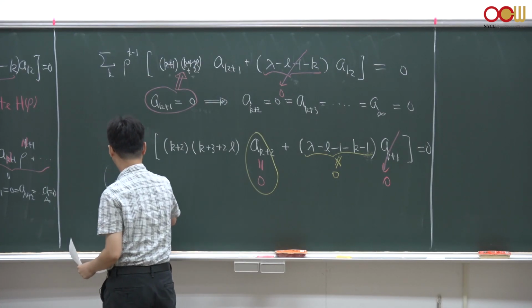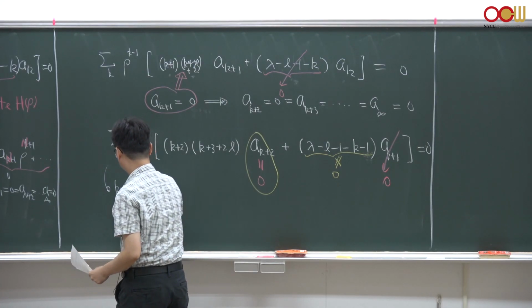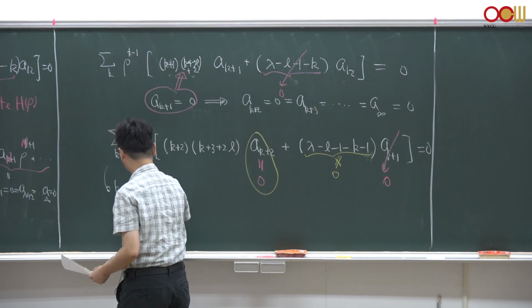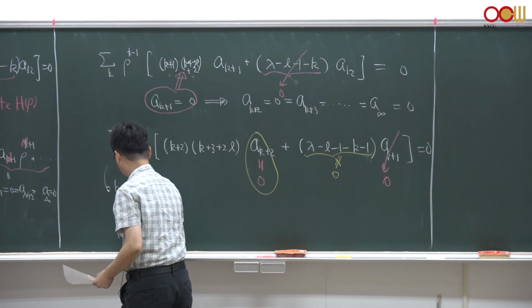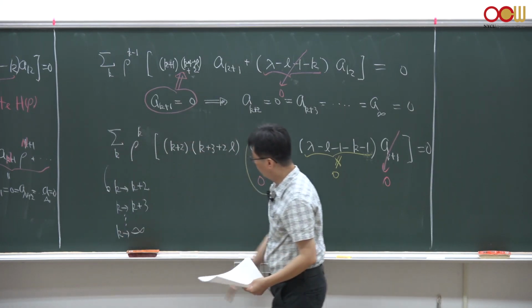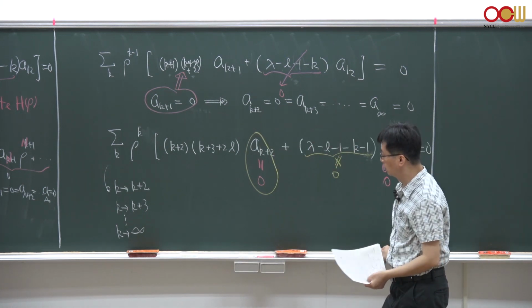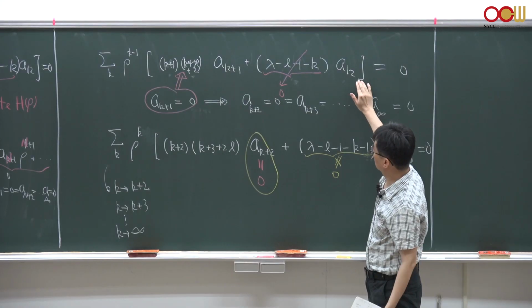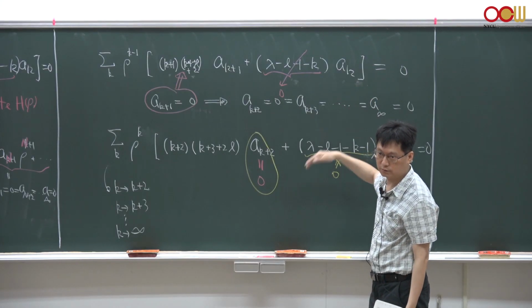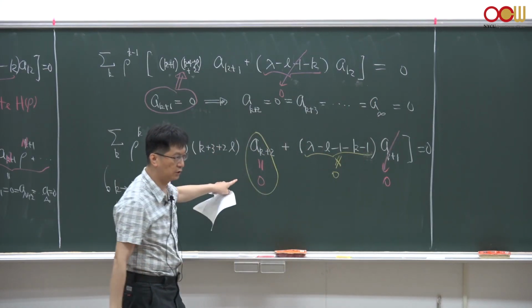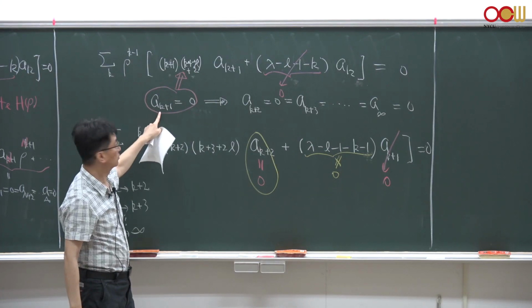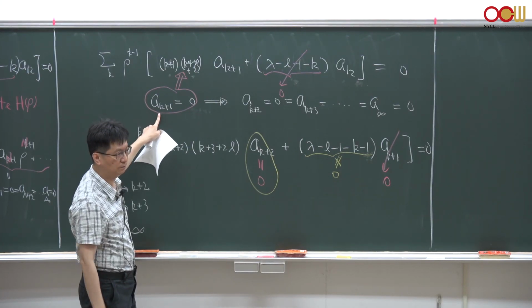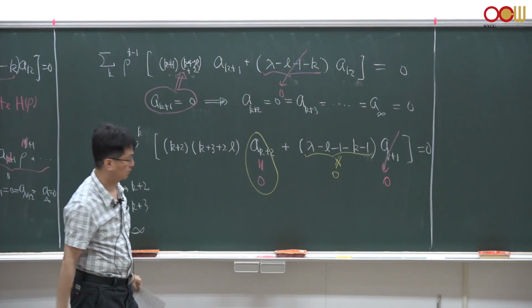K goes to k plus 2, and k goes to k plus 3, until k goes to infinity. For all the remaining powers beyond k plus 1, you could take advantage of this recursive relation, and conclude that all the coefficients with k larger than k plus 1 should vanish.